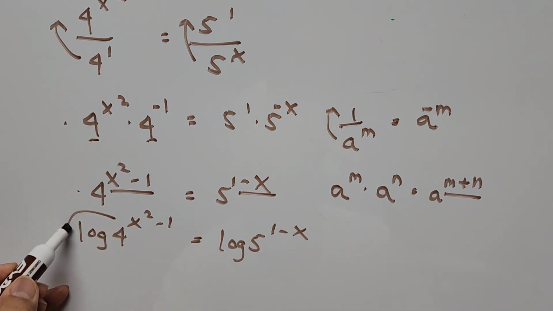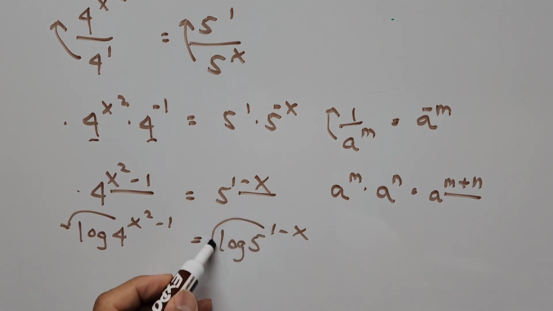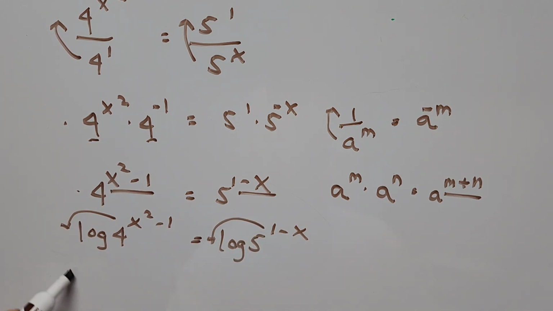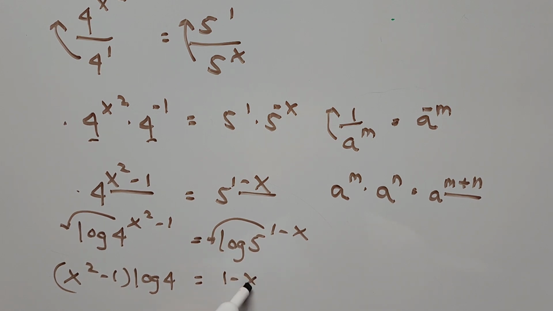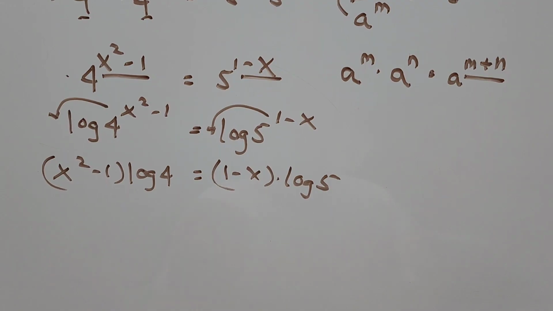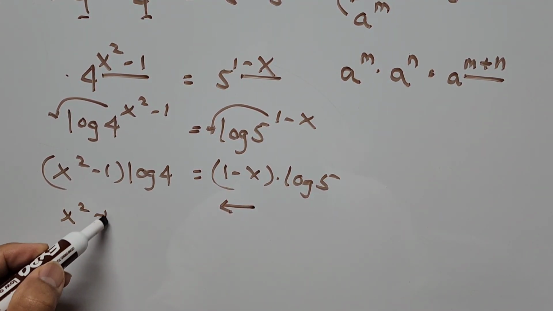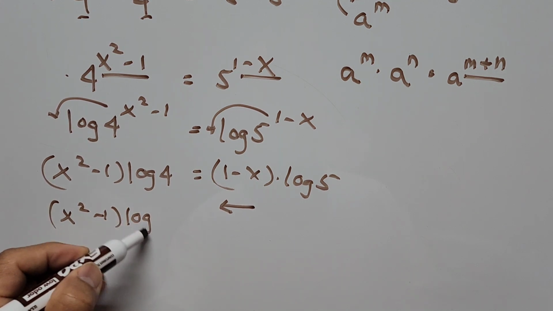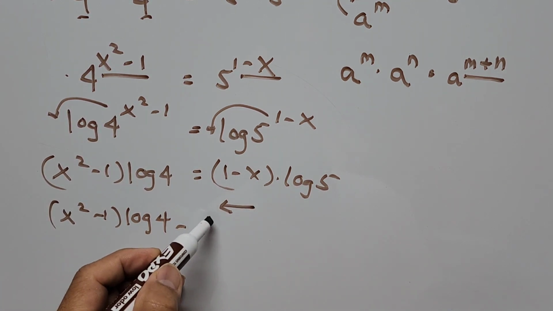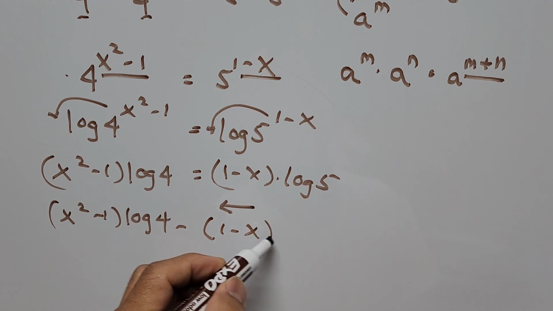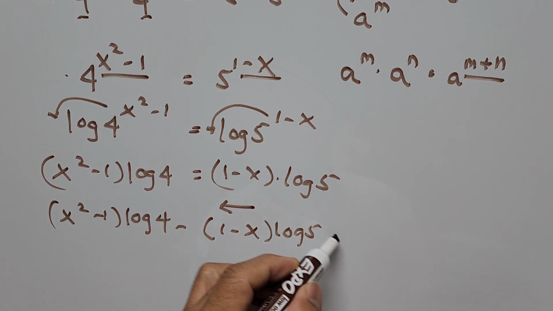Taking down the exponent as the coefficient, we have x squared minus 1 times log of 4 equals 1 minus x times log of 5. Moving this to the left, we now have x squared minus 1 times log of 4 minus 1 minus x times log of 5 equals 0.